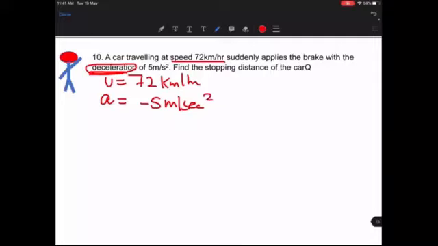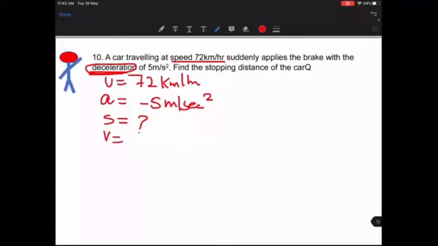Now find the stopping distance of the car. Stopping distance means after how much distance the car comes to a stop, how much distance the car takes to come to a halt. So you have to calculate the distance here. And what is the final velocity?